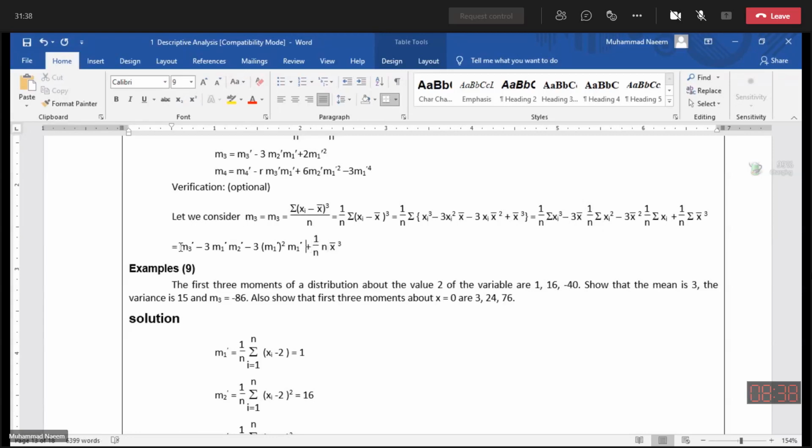And what is x bar cube? X bar is actually our first moment, so replace it with M1 prime with power 3.